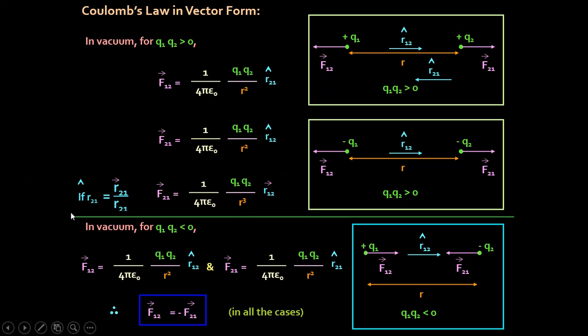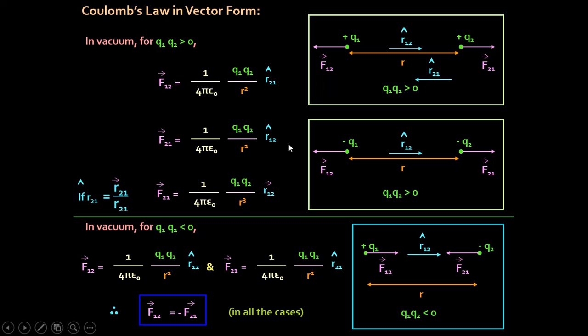It is just because of the definition of unit vector. Suppose you are replacing R12 cap, in place of R12 cap you can write R12 cap equal to R21 vector upon R21. This R21 without any arrow mark on its head is nothing but the magnitude, which equals small r.